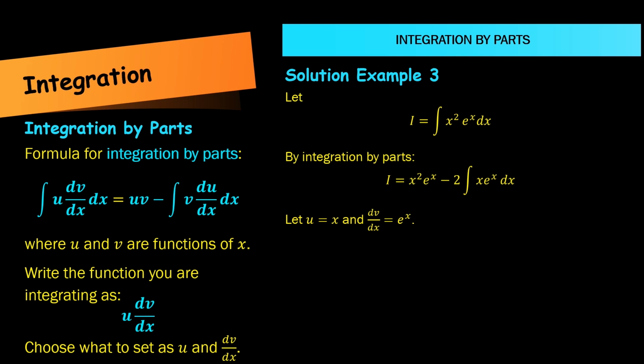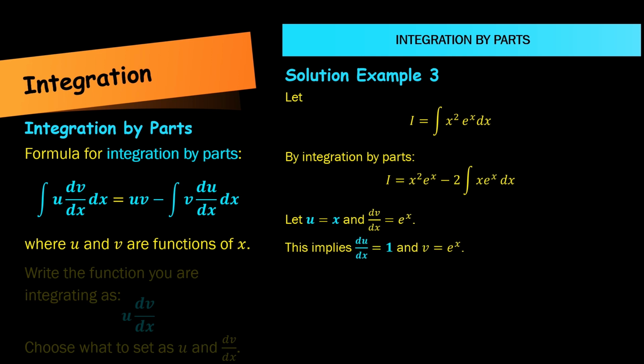We're going to let u equal x and dv dx equal e to the x. So this implies du dx equals 1, and integrating dv dx equals e to the x gives us v equals e to the x.